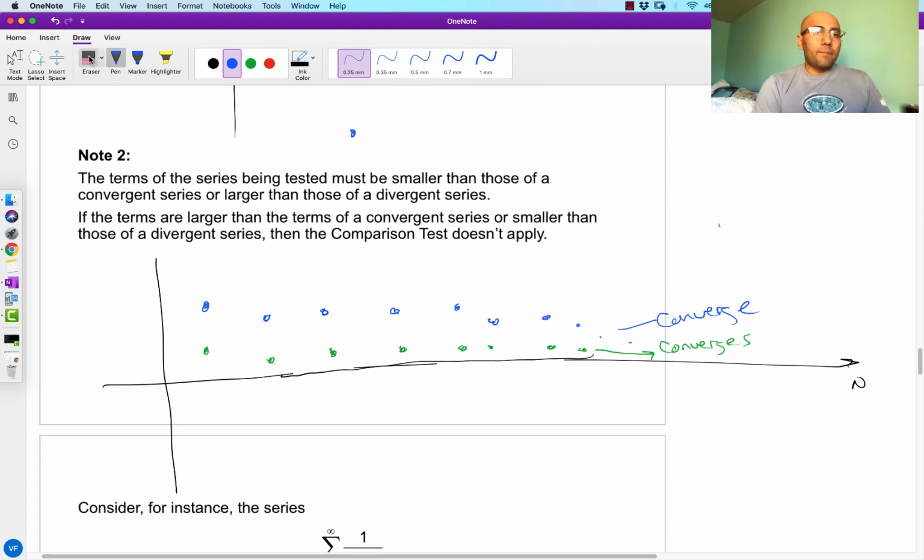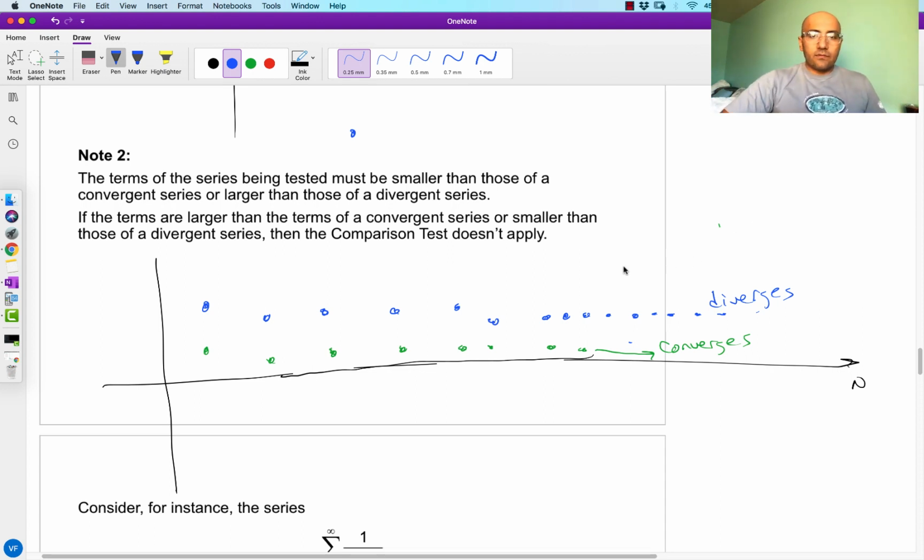But maybe the blue one takes off. Or maybe it's just consistent, because if we get a constant value, then the sum of all these goes out to infinity. So maybe it diverges. So you have to be careful what you compare it to. If you compare it to something where the new something is smaller, then it's helpful if that smaller one diverges.